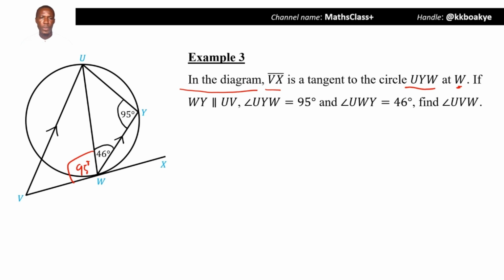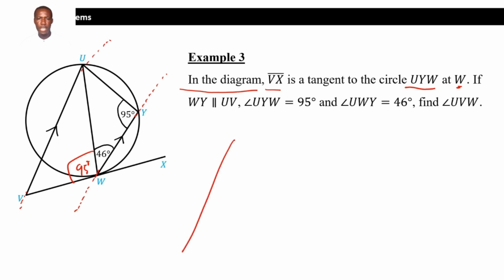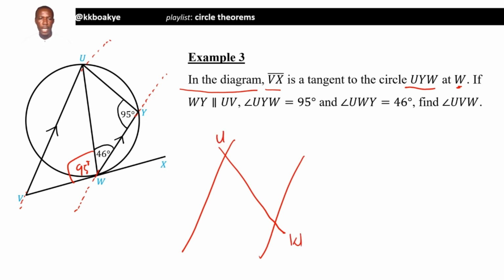Then we can see that line UV and line YW are parallel. So let's do an extension of the lines. Do you remember? So we have our U here, we have our W here. What do you think of alternate angles?